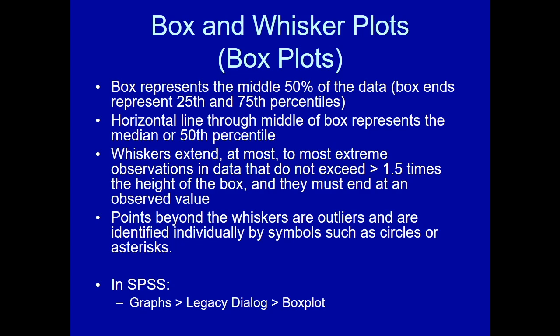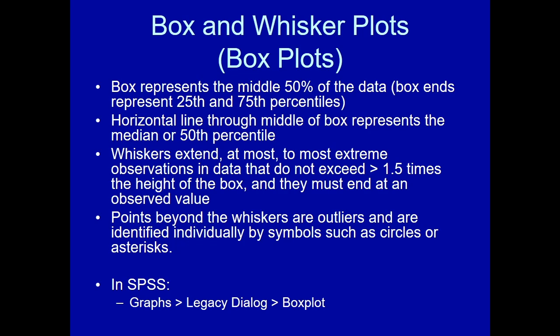The box in a box plot represents the middle 50% of the data. So the box ends represent the 25th and 75th percentiles, or the Q1 and Q3 markers. And then the horizontal line through the middle of the box represents the median, or 50th percentile.